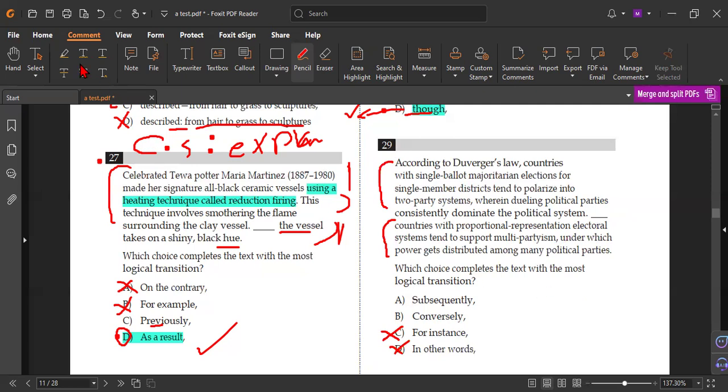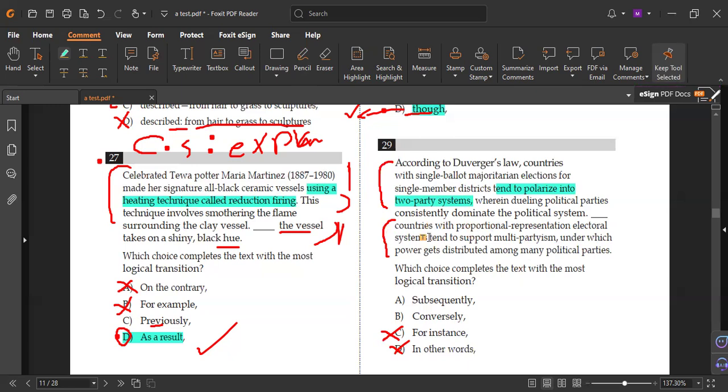How opposite? Let's find. He mentioned here countries with single ballot majoritarian elections for single member districts tend to polarize into two-party systems. And here he makes a contrast.